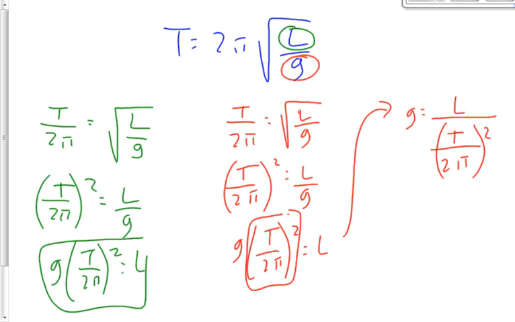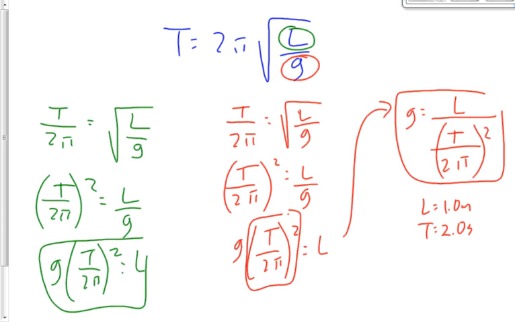Now, what you got to be careful of, in addition to rearranging this equation to solve for G, is plugging the numbers into your calculator. It can be a little bit awkward there too. Let's take this equation and plug a couple numbers in. Let's say that L is 1 meter, and let's say that T is 2 seconds, okay?